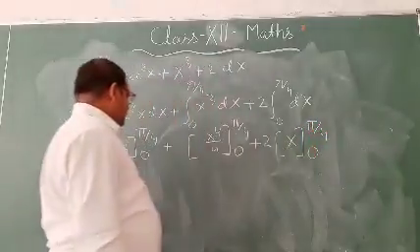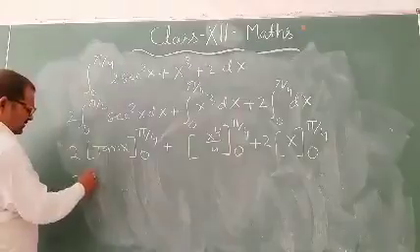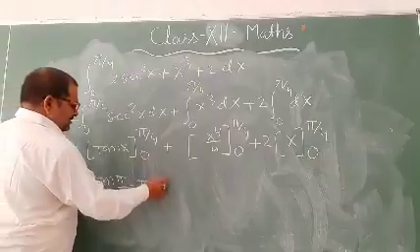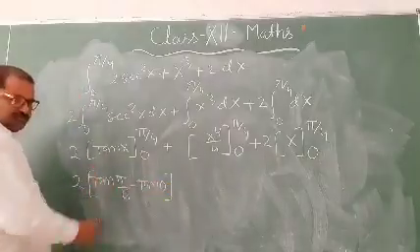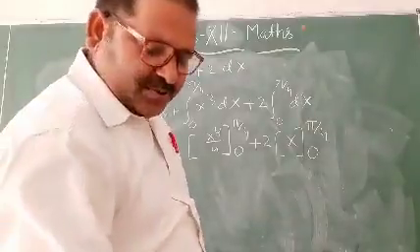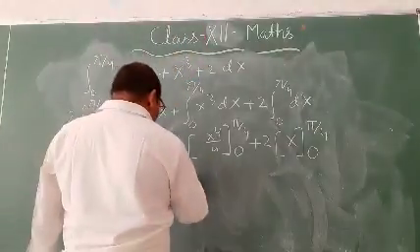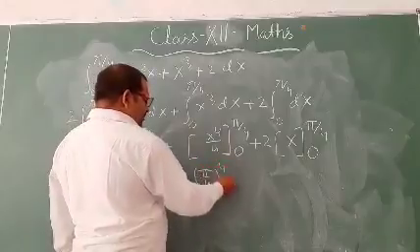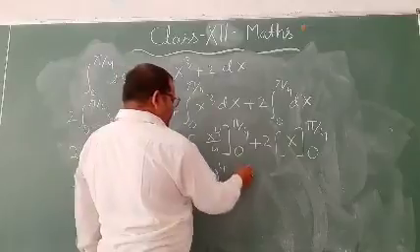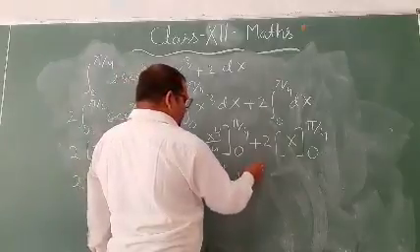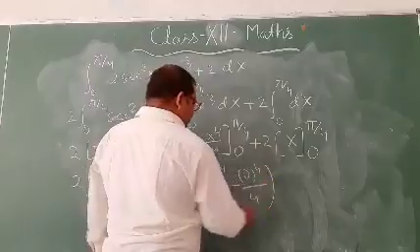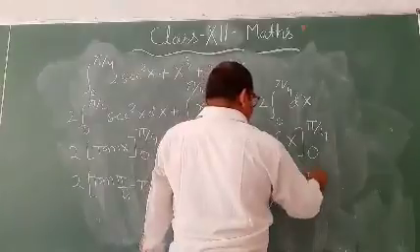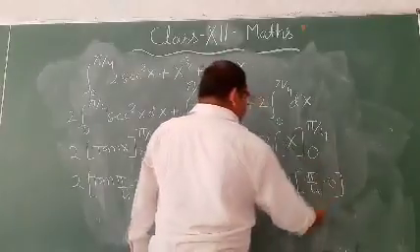So 2 (tan pi by 4 minus tan 0) plus (pi by 4) power 4 upon 4 minus 0, plus 2 (pi by 4 minus 0).